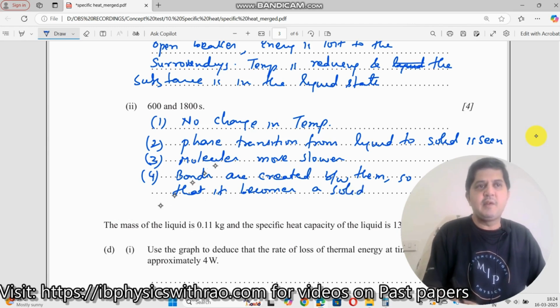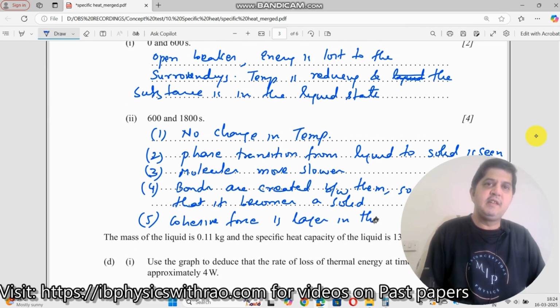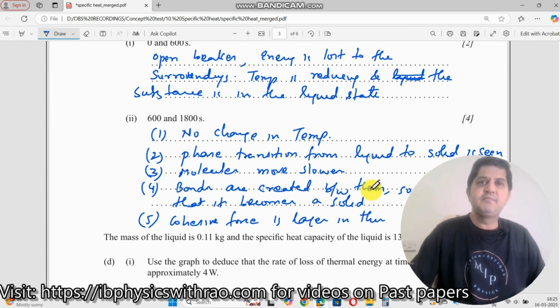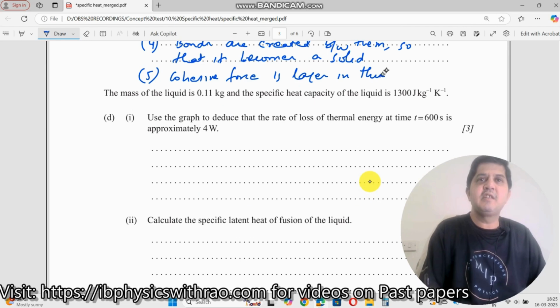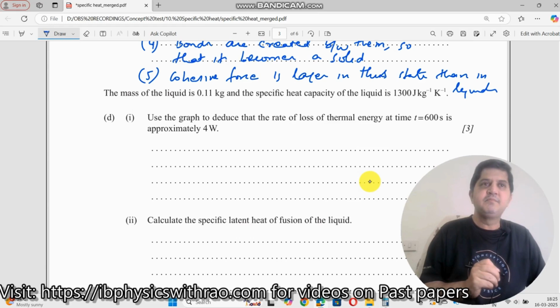Even before this, if you want, you can write one more point. You can say the cohesive force is larger in this state than in liquids. You can mention all this.